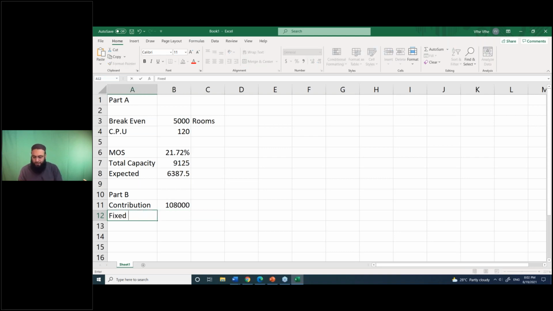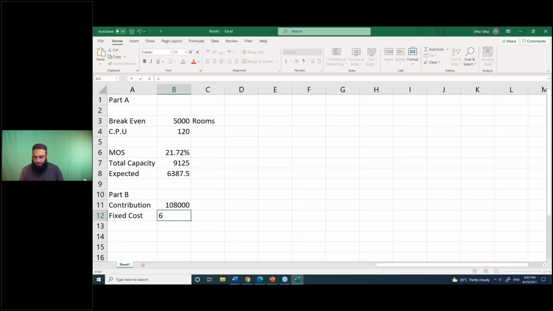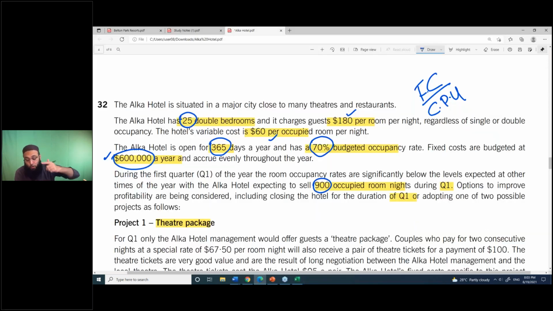Fixed cost is given to me that I will deduct. Obviously, fixed cost is 600,000 that I will use here. But one thing you have to keep in your mind, that you may make a mistake. That's per year, and you are doing the calculation for the first quarter, right?